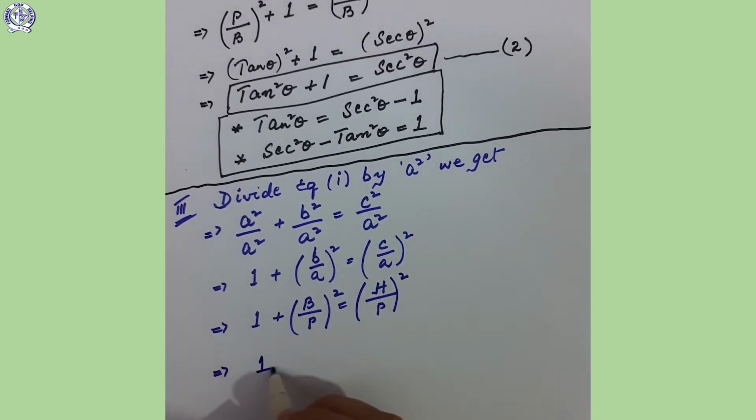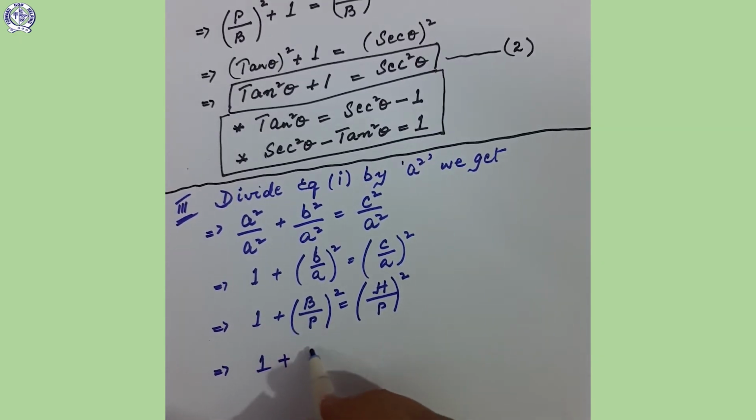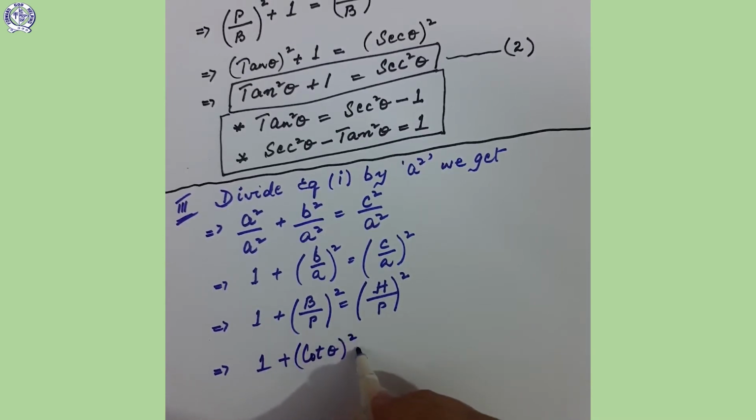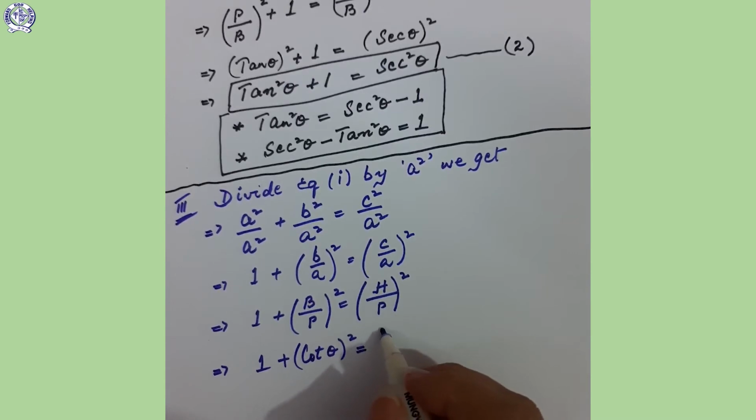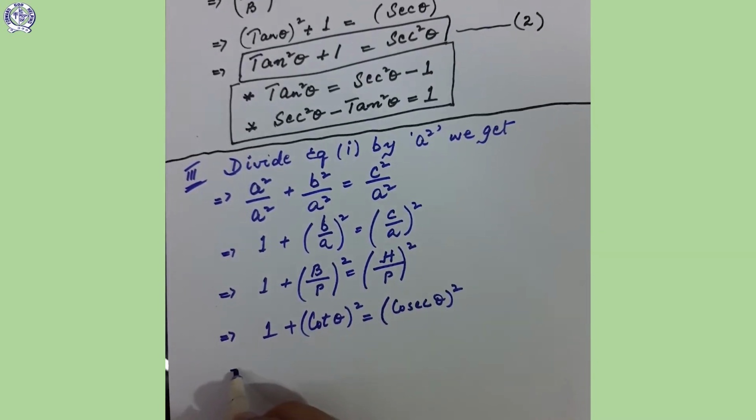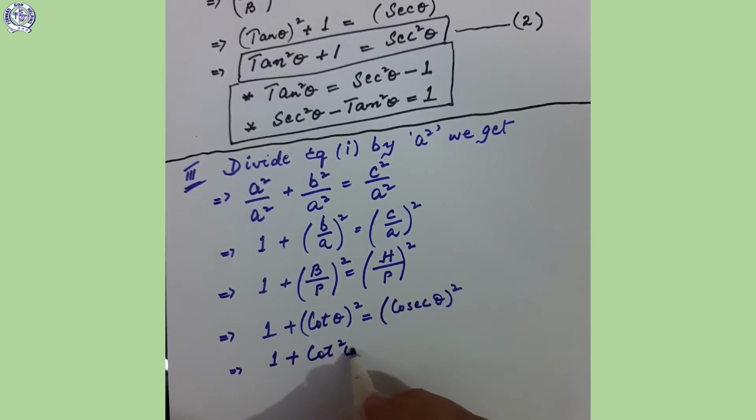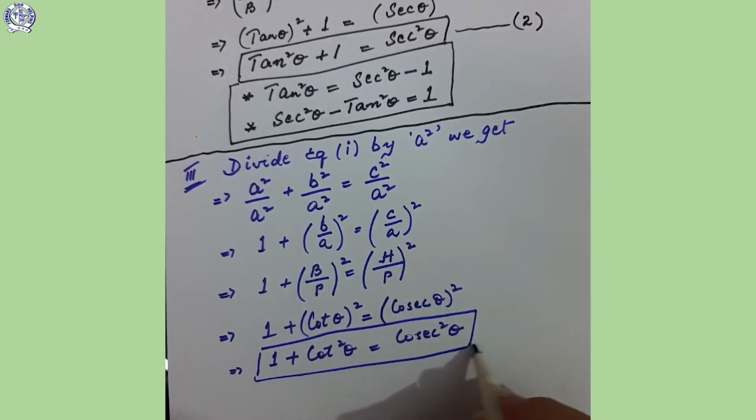So this is 1 plus base upon perpendicular is cot theta the whole square equals hypotenuse upon perpendicular, reciprocal of sine, cosec theta the whole square. Now again same way, open the brackets, 1 plus cot square theta equals cosec square theta. So this is the third identity, third one.